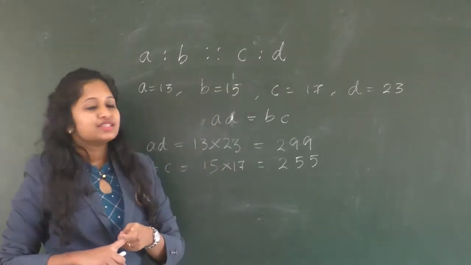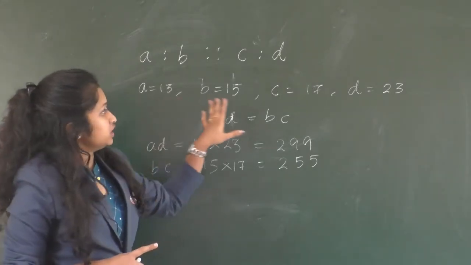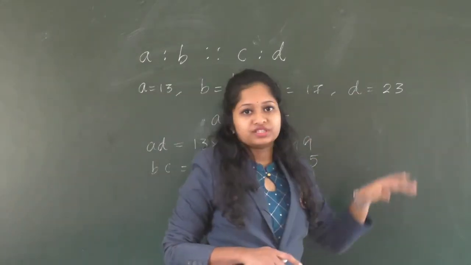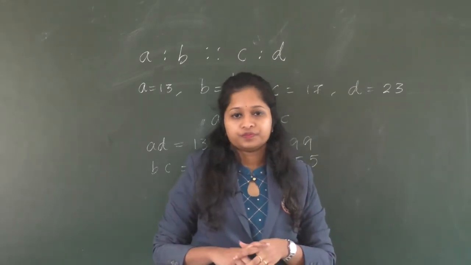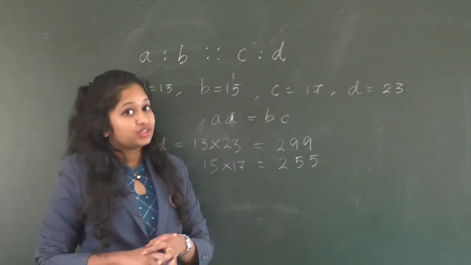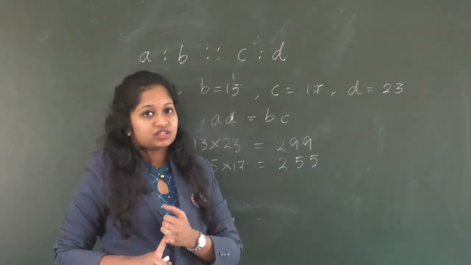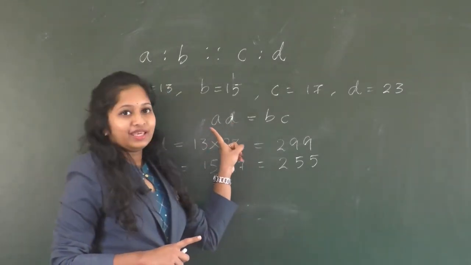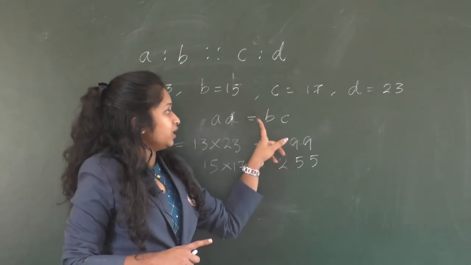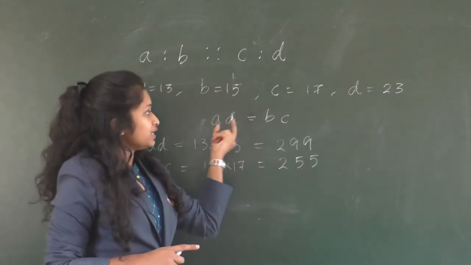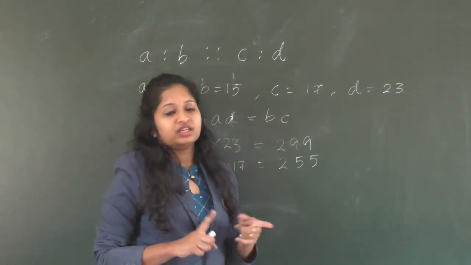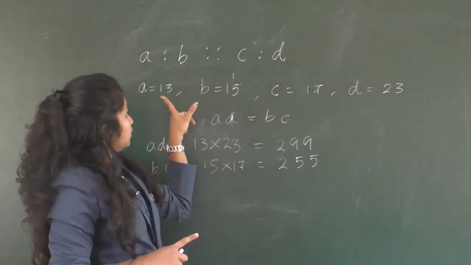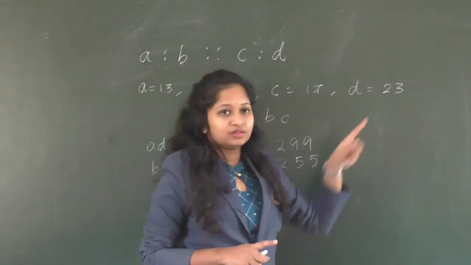Now, let's check whether 13, 15, 17 and 23 are in proportion. So, how can we check? We can check by multiplying A and D and B and C. If AD is equal to BC, then we can conclude that all these numbers are in proportion.